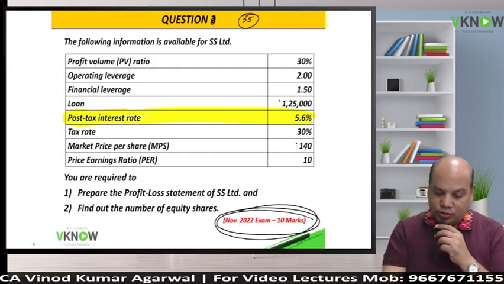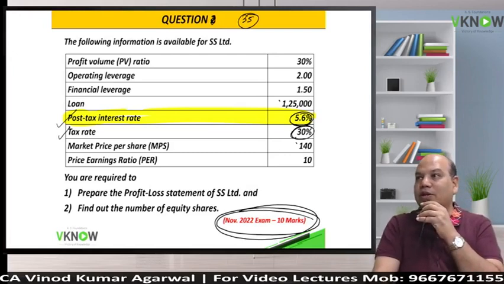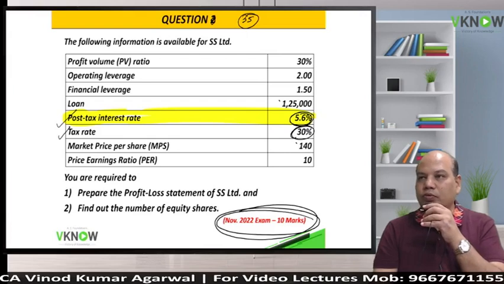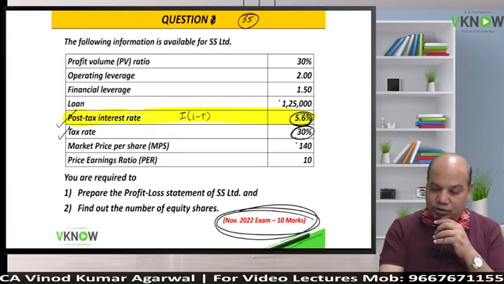So I want to ask you, the intelligent student, if the tax rate is 30% and the post tax interest rate is 5.6%, what will be the interest rate on loan? 5.6% is I into 1 minus T. Tax rate is 30%.